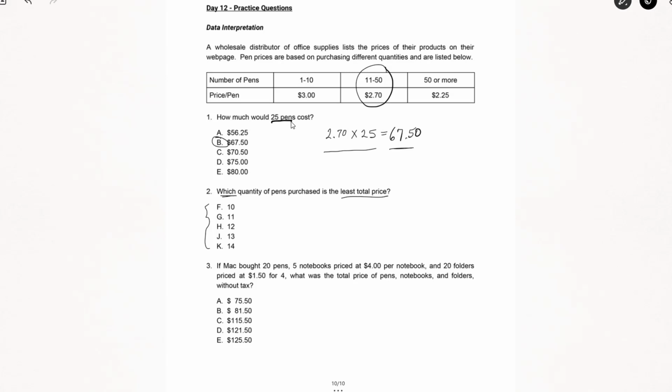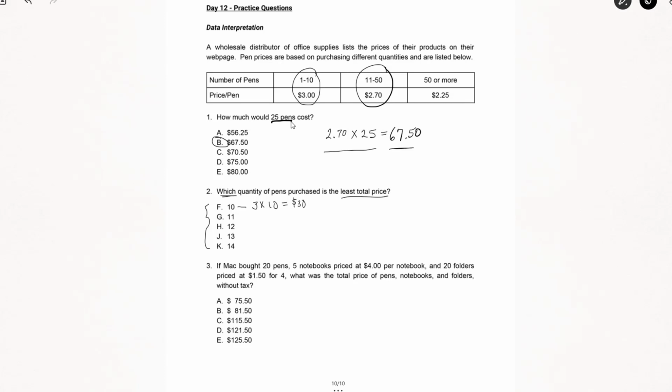What this means is, based on this table, we pay different prices per pen. For example, if we look at option F here, 10 pens. When we buy 10 pens, we're looking at this first column, which means we pay $3 per pen. So that's $3 times 10 pens. We're going to be paying $30 for those 10 pens.